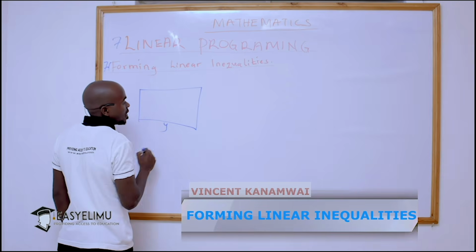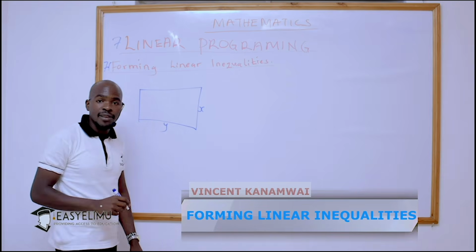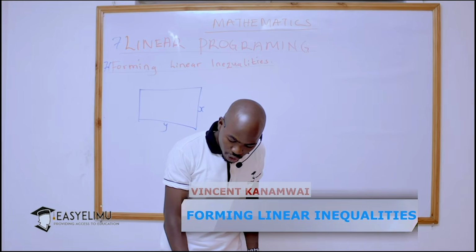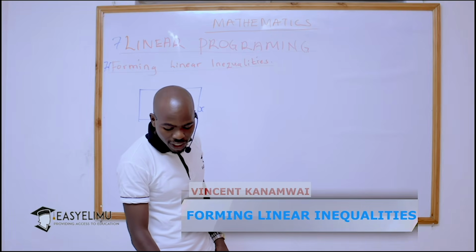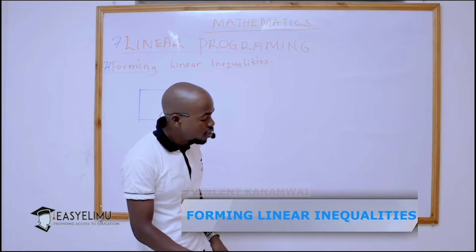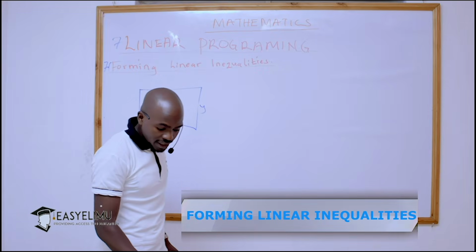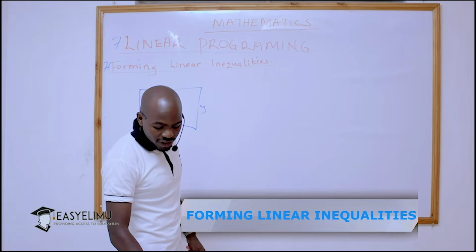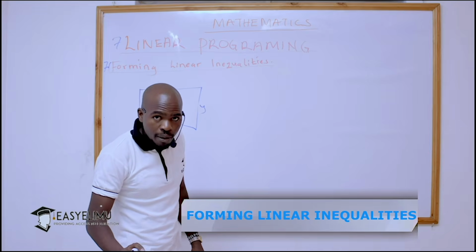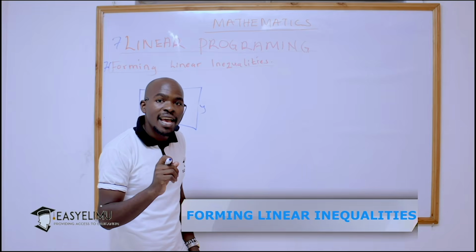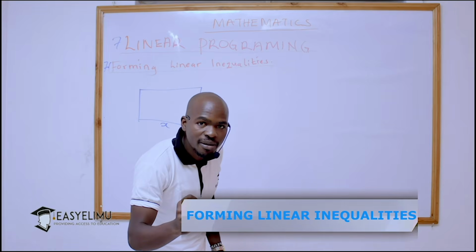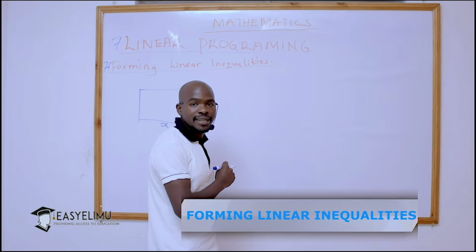The length is y centimeter and width is x centimeter. But we have been told that the perimeter of a rectangle whose length is x centimeter and width is y centimeter. So meaning that the perimeter is not more than 10. Meaning that the perimeter is either 10 centimeters or less than 10.